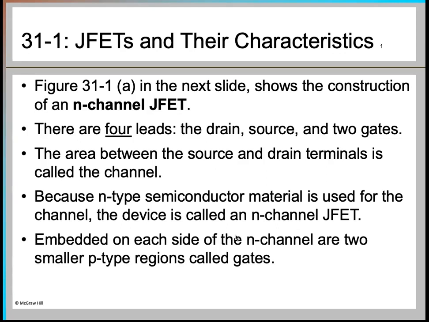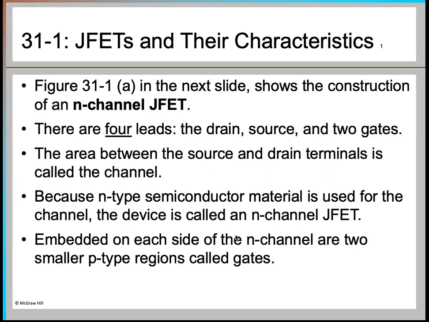First is your JFET, which is also known as junction field effect transistor, and another one is your MOSFET, which is the metal oxide semiconductor field effect transistor. These two types of field effect transistor, JFET and MOSFET, we are going to study in this particular chapter.